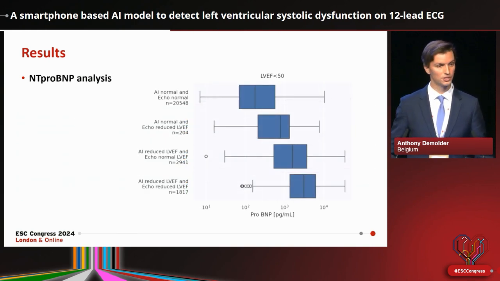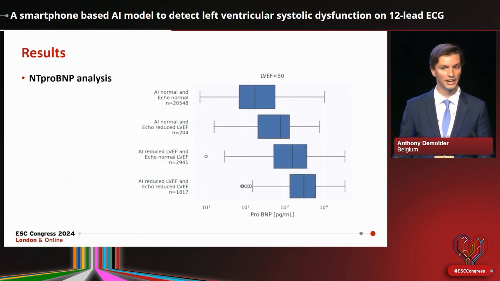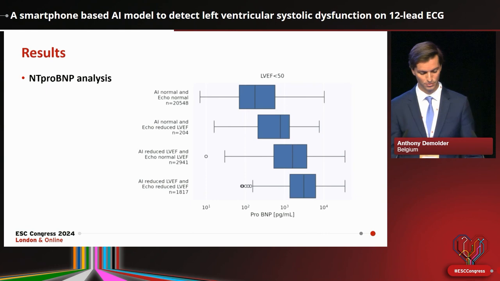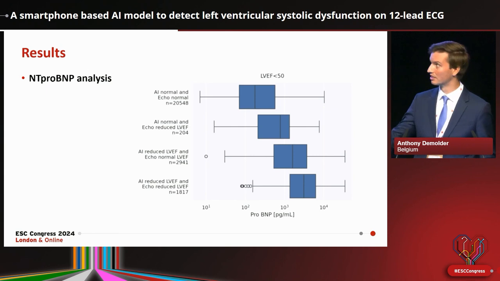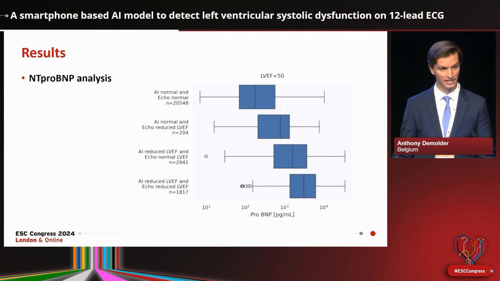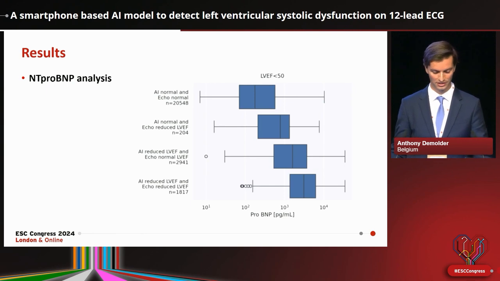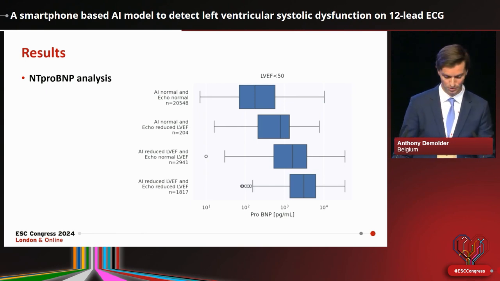Next, we also performed an analysis to see how our AI model compares to NT-proBNP. So here I can show you this box plot graph where we look at if the AI is predicting a normal ejection fraction and the echo shows a normal ejection fraction. You can see the result at the top. If the AI is predicting a normal ejection fraction but the echo shows reduced ejection fraction, then you see an increase in proBNP.